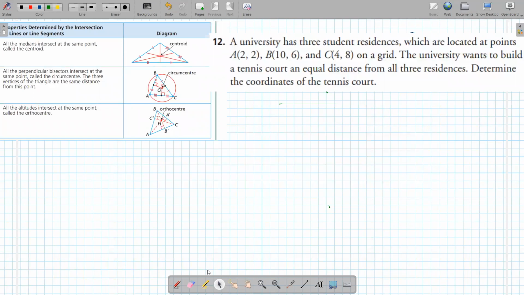So what are they asking us? Which one? Centroid, circumcenter, or orthocenter? We need it to be equidistant. We just talked about it. It's going to be the circumcenter. Yeah, circumcenter is equidistant. So see, they didn't ask you to find the circumcenter, but if they talk about equidistant, they're talking about the circumcenter.